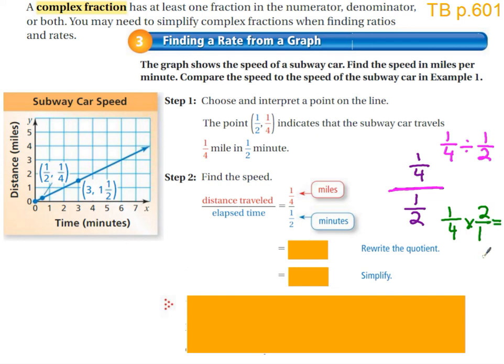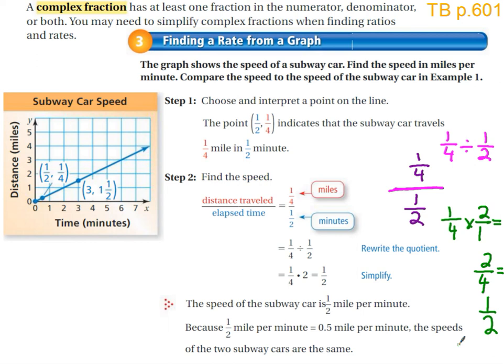So when I multiply this out, I get 2/4. And 2/4 will reduce to 1/2. Okay, what that means is that the speed of the subway car is 1/2 mile per minute. Now, because 1/2 mile per minute is equal to 5/10 miles per minute in example 1, the speeds of the two subway cars are the same.